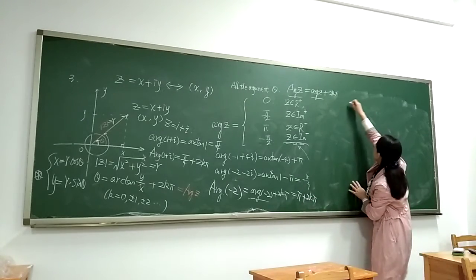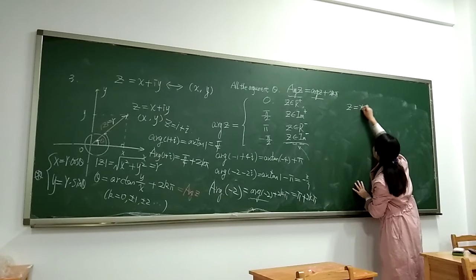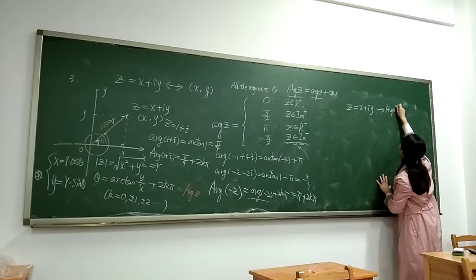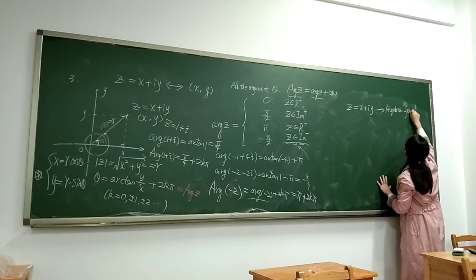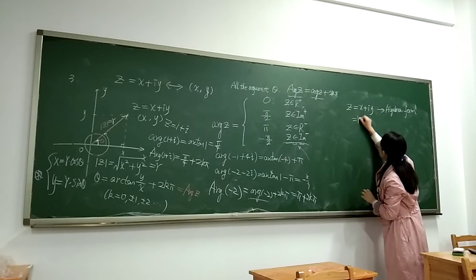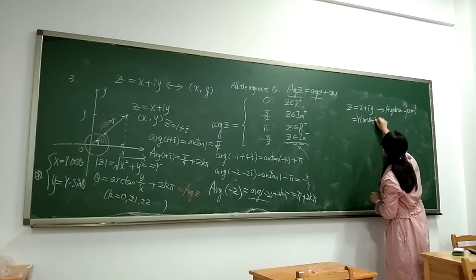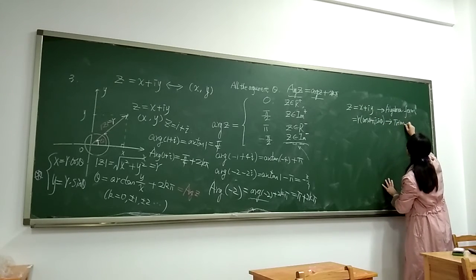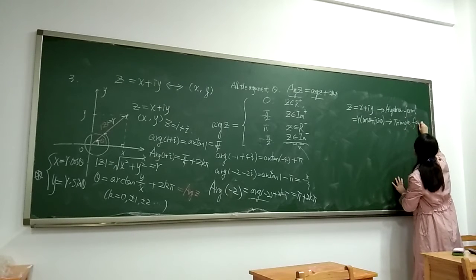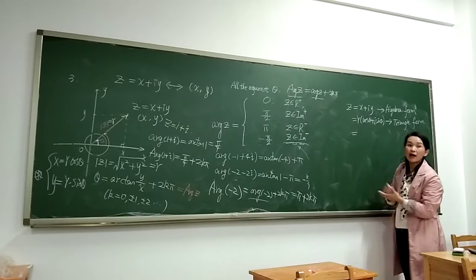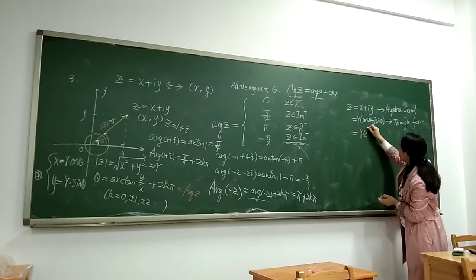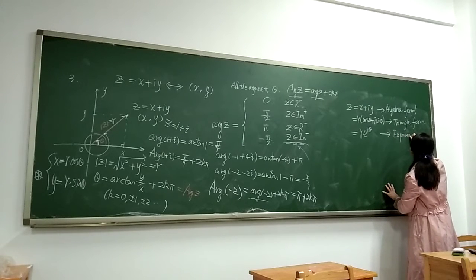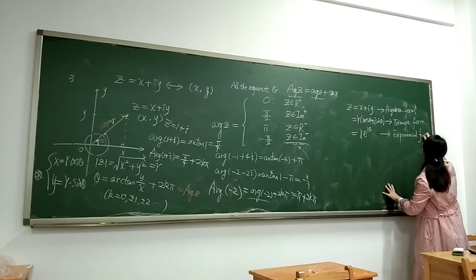Just now I have told you if z is written x plus iy, this is the algebraic form. If you write like this form, this is the triangular form. If you use Euler formula, you can write r e^{i theta}. This is the exponential form.